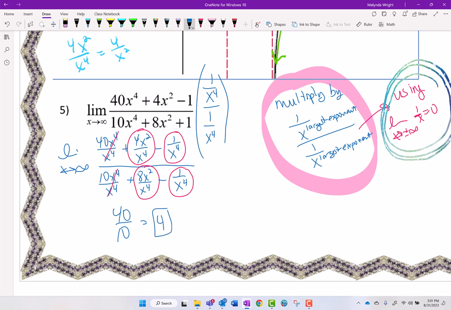So my answer is 4, using that algebraic technique. Are we okay? Okay. Very good.